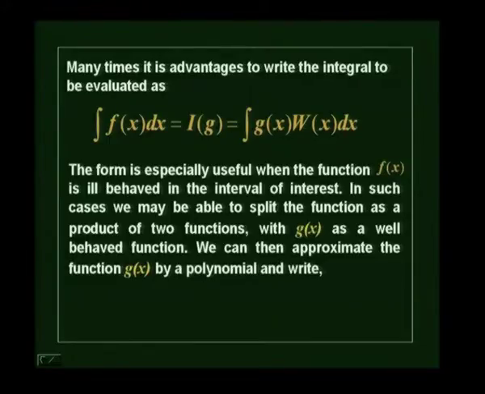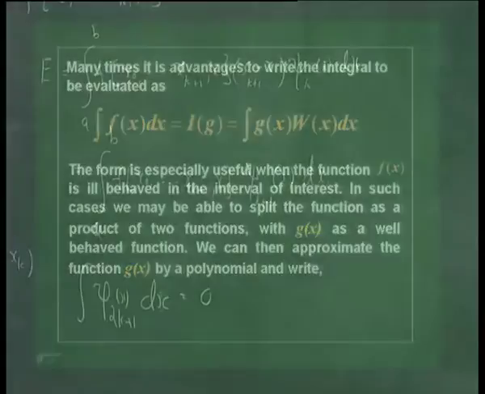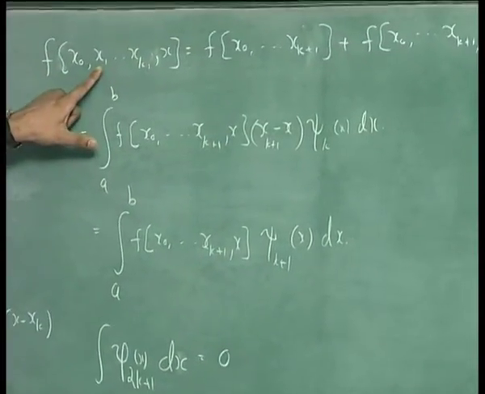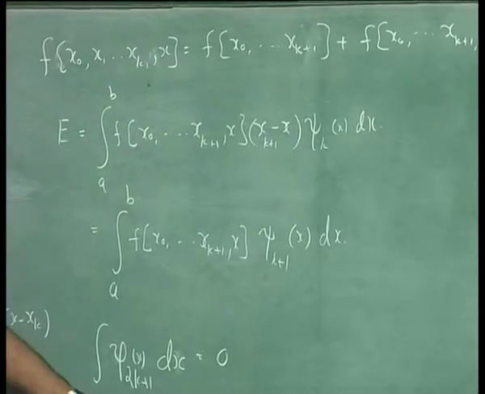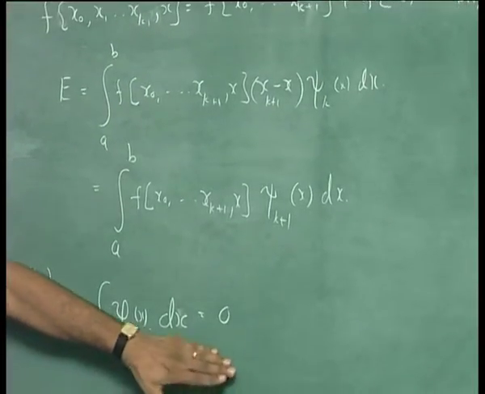The idea here is to write the integral of f of x dx, as we said, by splitting this function f into a product of two functions, g of x and w of x dx. Remember what we want to do is to choose the points x0, x1, x2, up to xk such that the integral of psi 2k plus 1 dx is equal to 0.